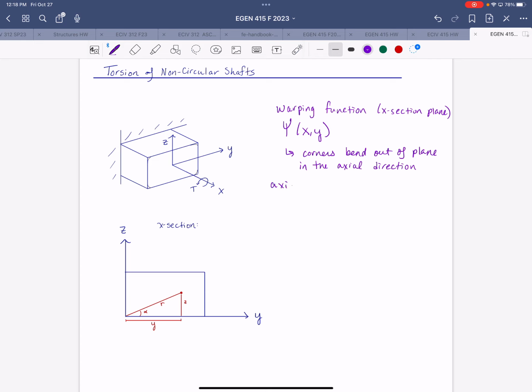So we'll define the axial deflection. We'll say lowercase u is equal to theta times the capital Greek letter psi, which we're using as the definition of the warping function right here.